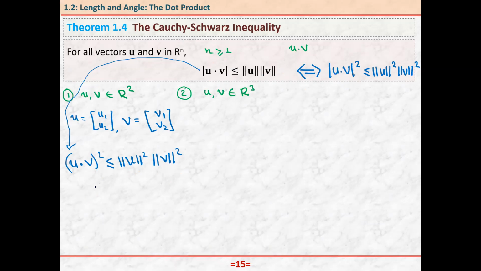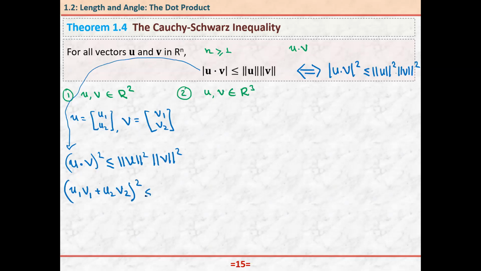To do this, we know what u dot v means for two-dimensional space. It is u1 times v1 plus u2 times v2, the sum of the products of their corresponding components, and here we have the square.